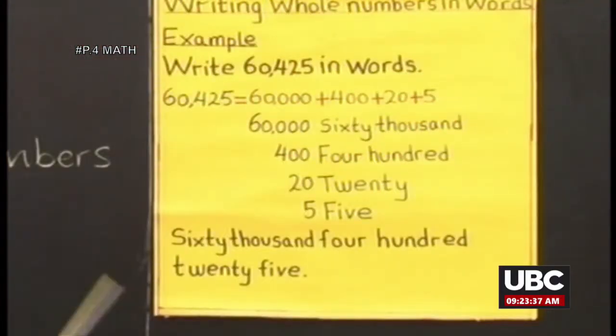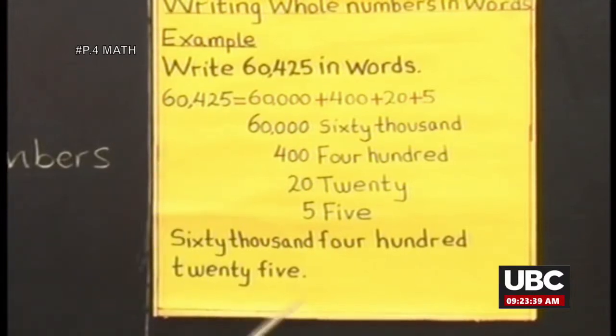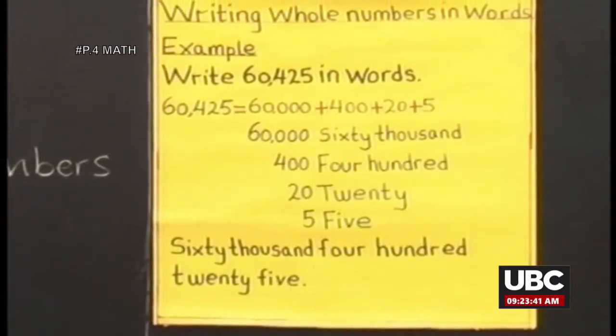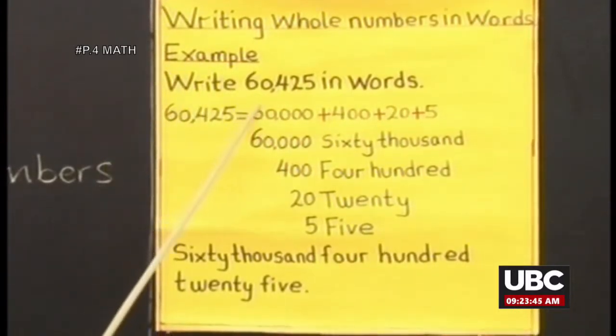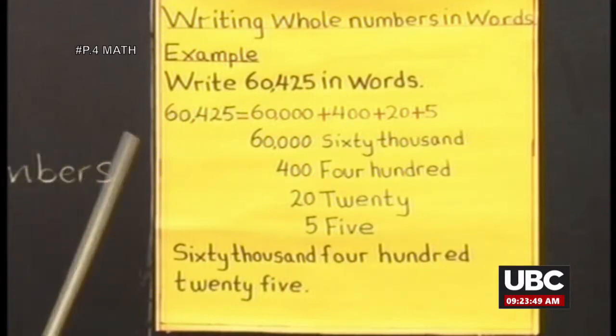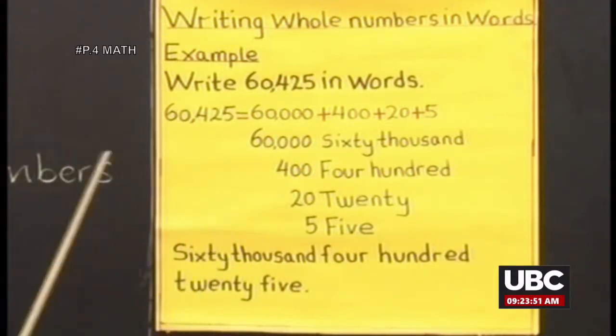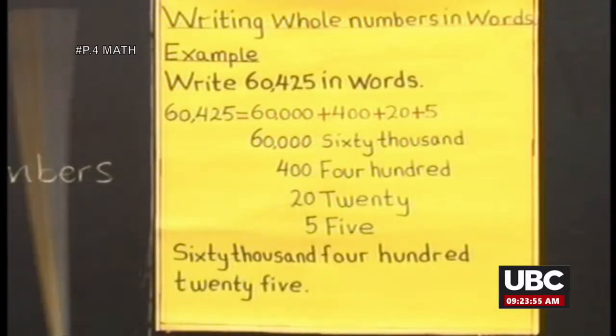In our lesson for today, we are going to consider 5-digit numbers. This is 60,425. Write the number in expanded form. After you've expanded it, then you can easily write it.